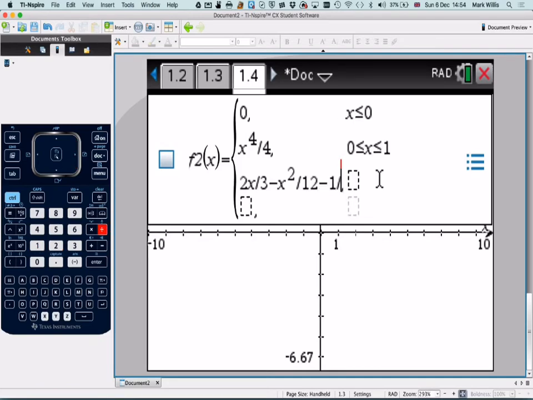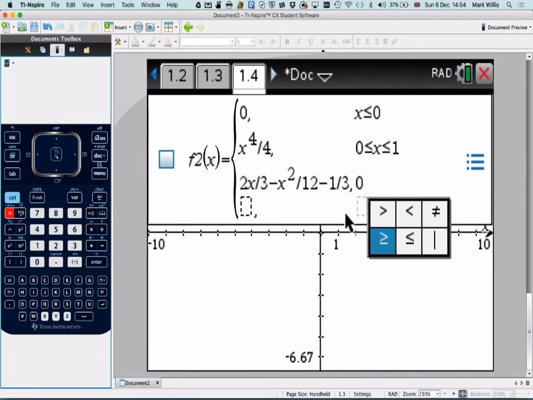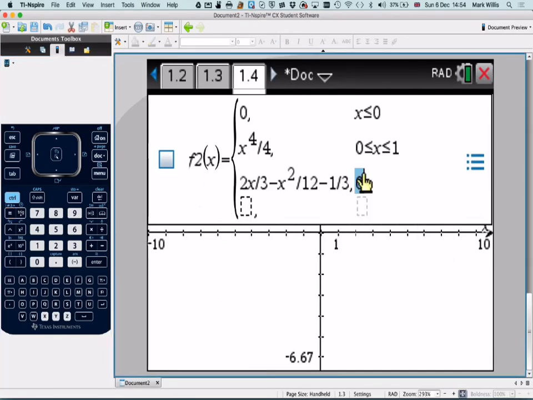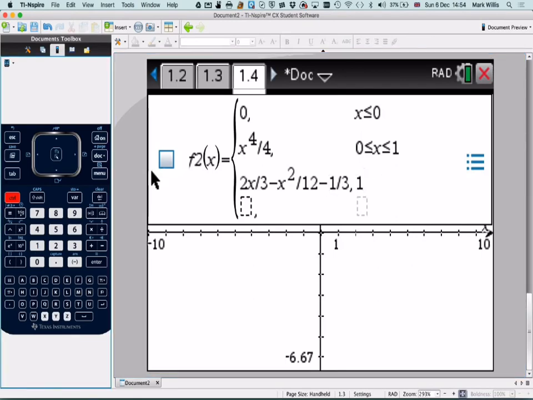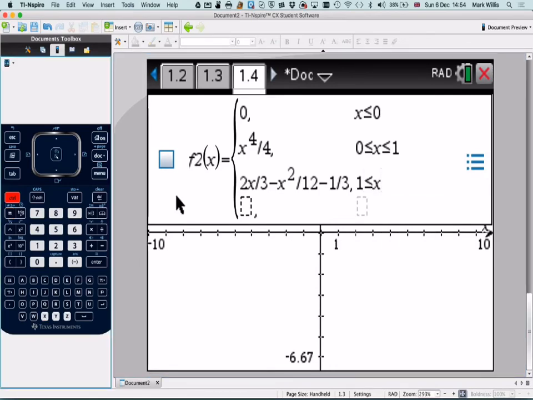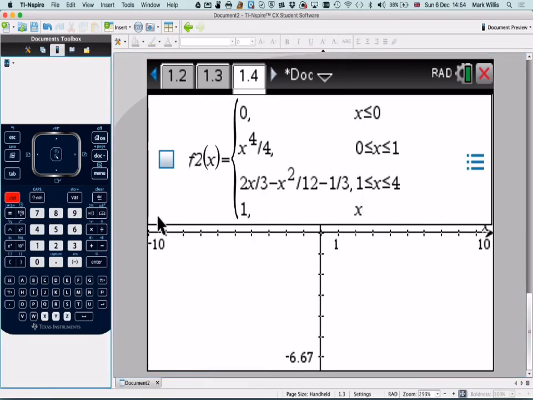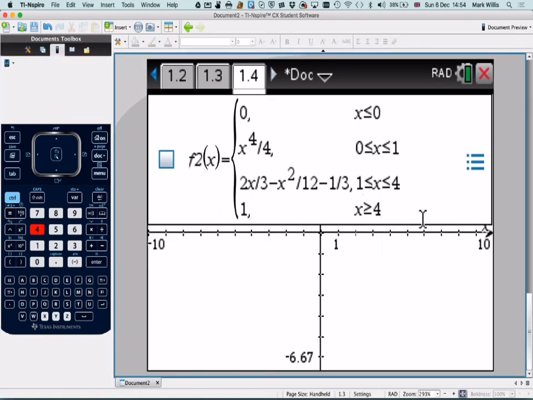Minus 1 divided by 3, and that's for values between 1 and 4, so you need to be very careful not to make a mistake. And then 1 for x greater than 4. So just check that.